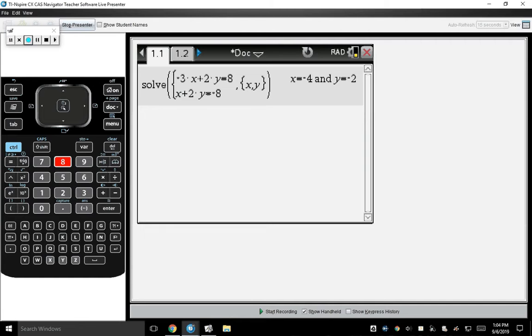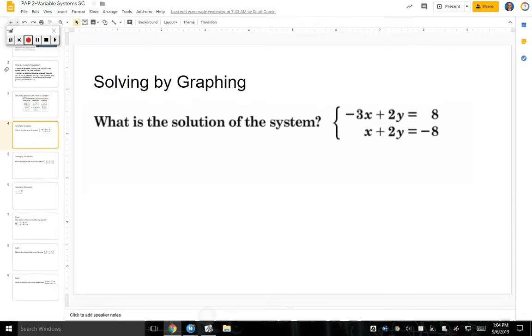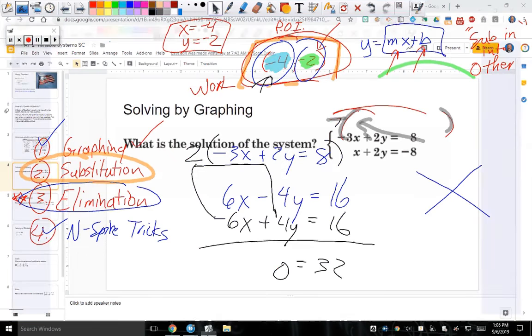Now listen, we also did an example just now where it could show infinite or no solutions. Let me show you what that looks like one more time. The one that I created was 6x minus 4y is equal to 16. Follow me. We're going to put this equation into the graphing calculator so that I can show you what it looks like with both no solutions and infinite solutions.